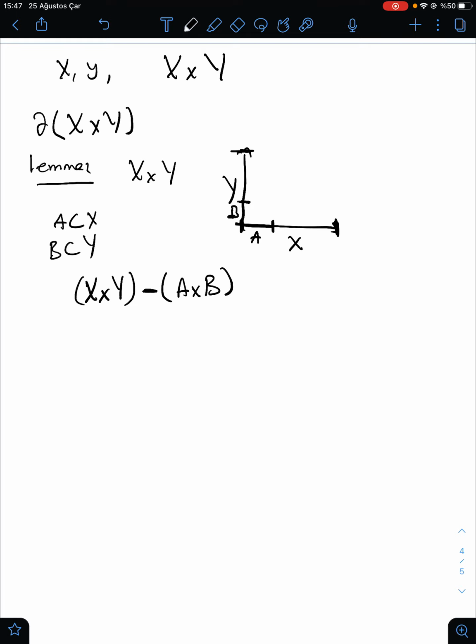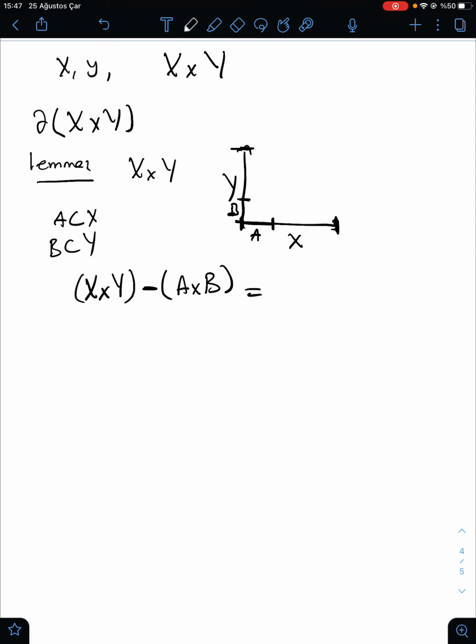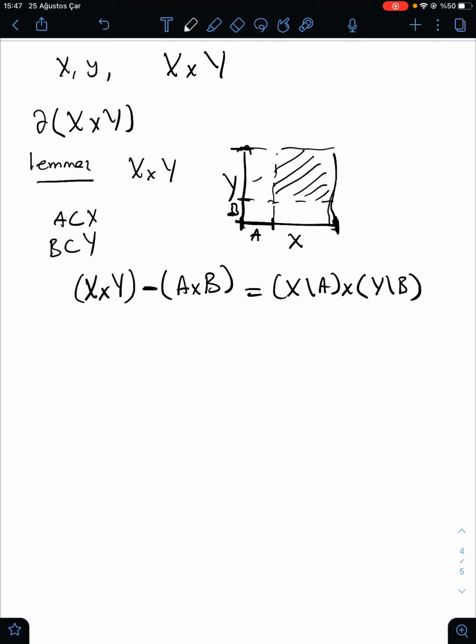Your answer isn't correct if it is X minus A, Y minus B, because that means that you have X and Y, the whole square, but you take the complement here and you end up with this little square, which is not correct, right? Because you lack this part and this part. So you need to think about that, and it's a lemma, but it's a sketch of proof.